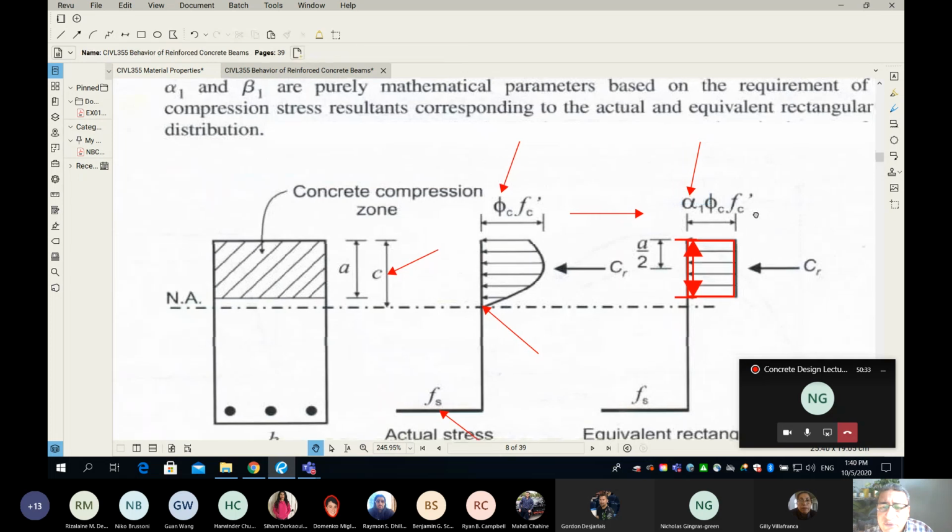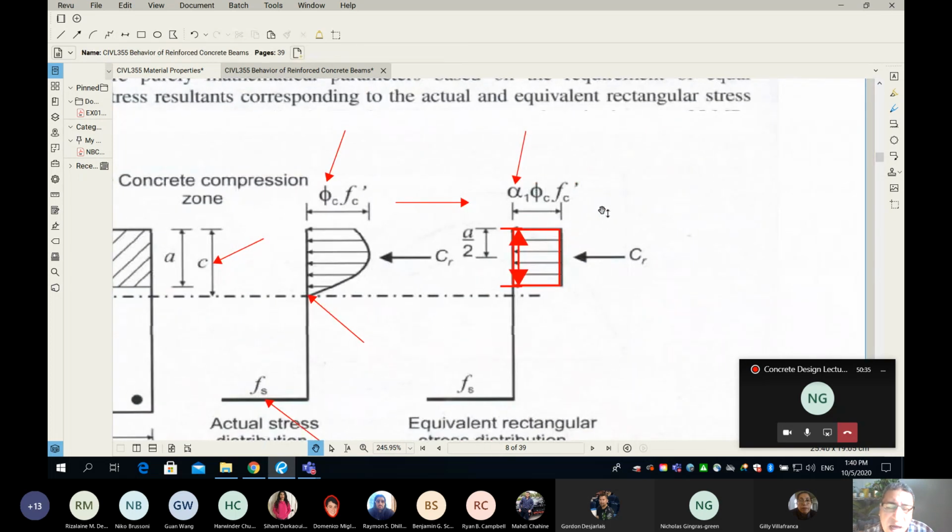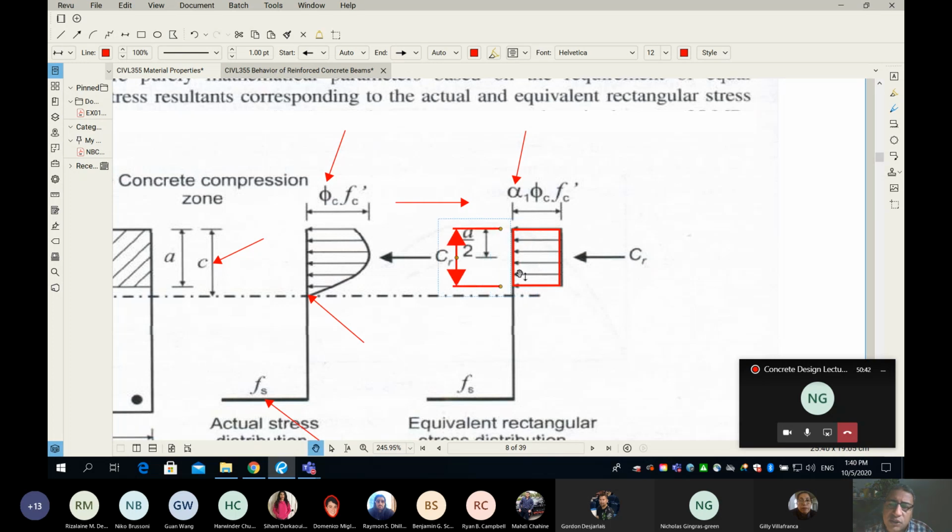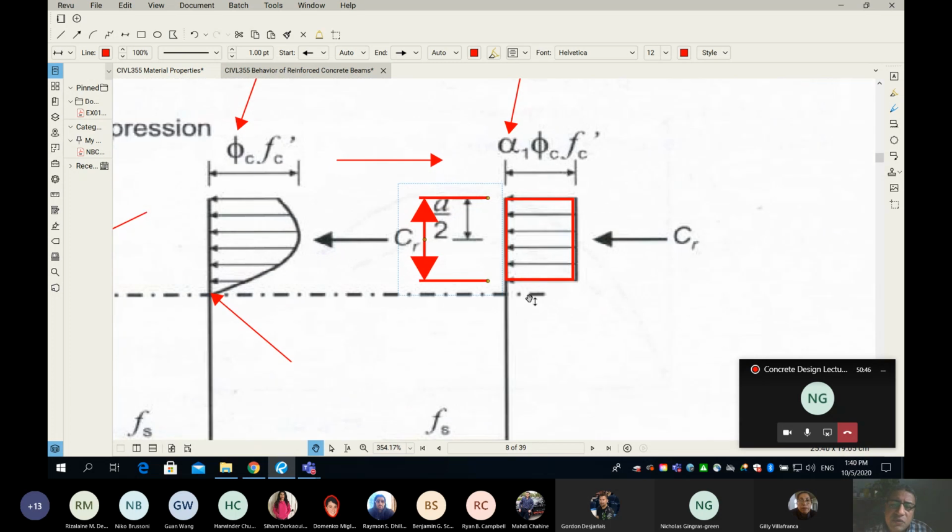Okay, now, before I give you the details of how we estimate alpha 1 and beta 1, let me ask you this question. Just think that now we're able to do the transformation. Mathematically, is my life easy to find the area of the block or to find where the centroid is? Let's see. If this is a rectangle, where is the centroid?